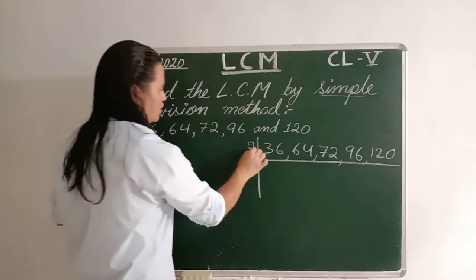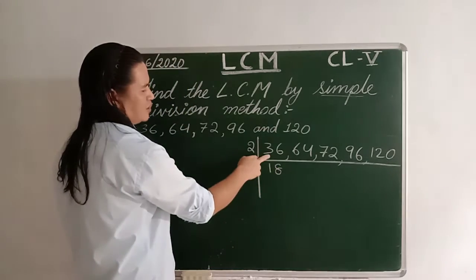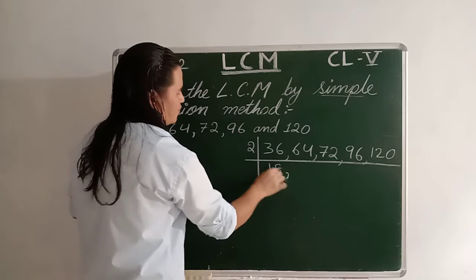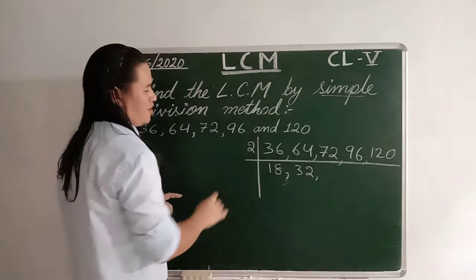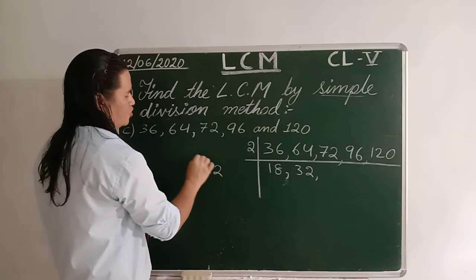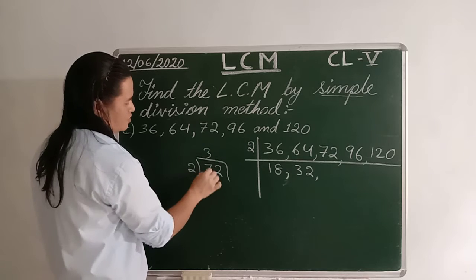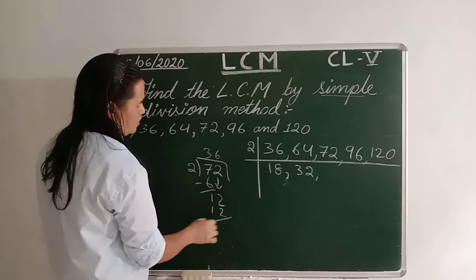Now 2 18s are, when you multiply 2 into 18 you will get 36. Now again 64, 2 32s are 64. Now 72, let us do rough work. 2 how many times? 2 3s are 6, 12, 2 6s are 12.